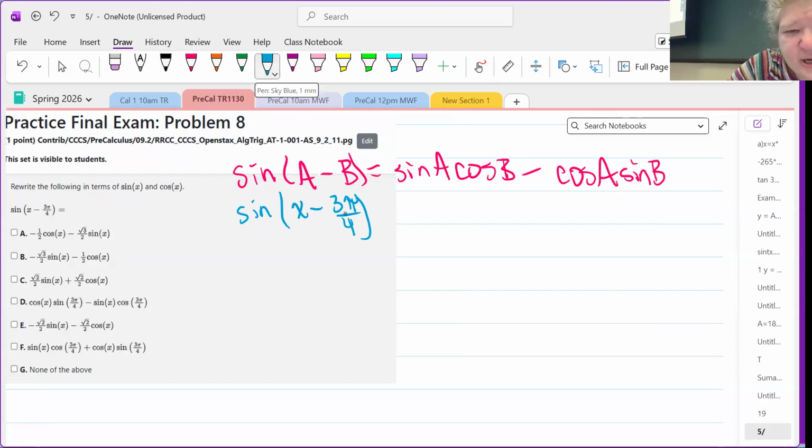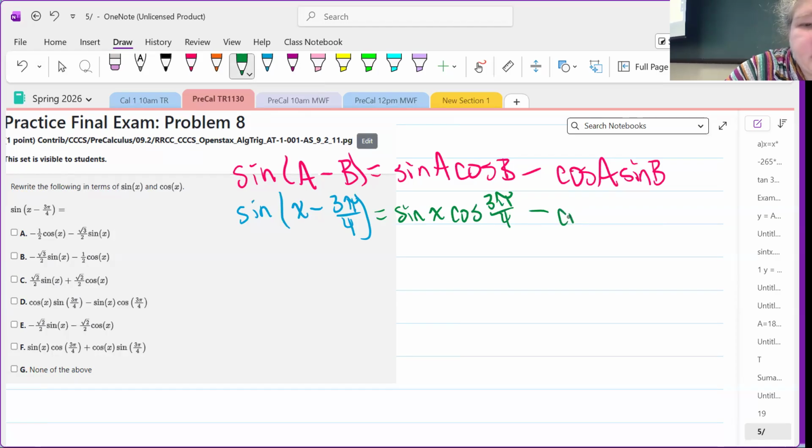Everywhere there's a B, I'm going to put a 3 pi over 4. So I have sine x cosine 3 pi over 4 minus cosine x sine 3 pi over 4.